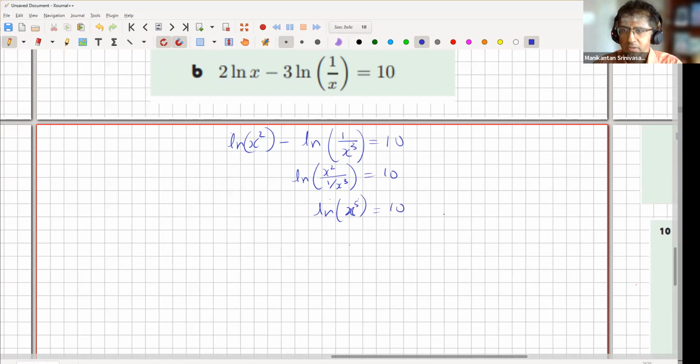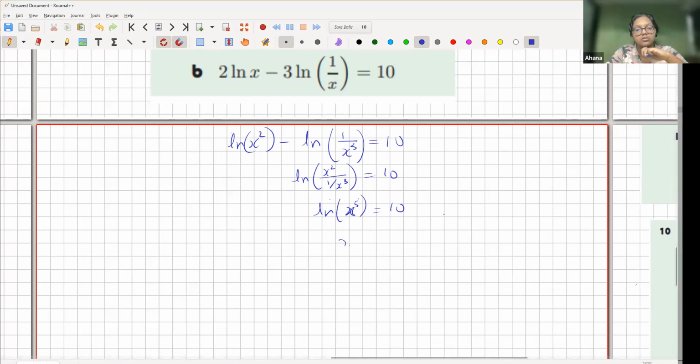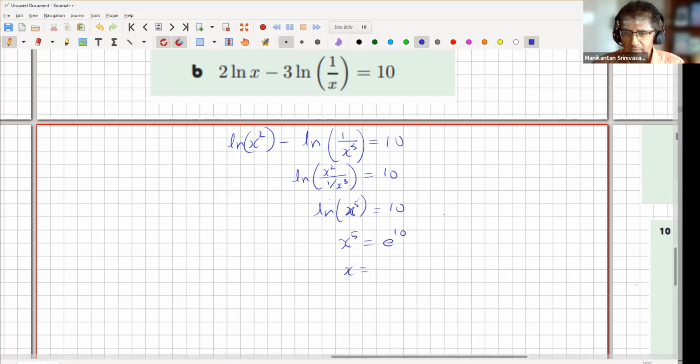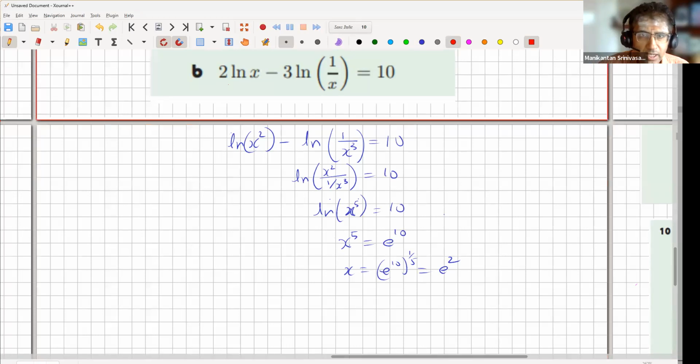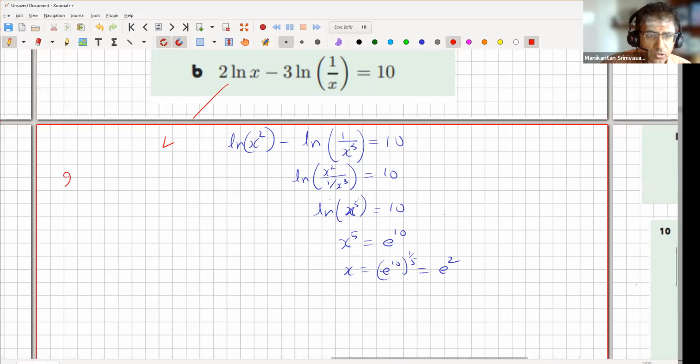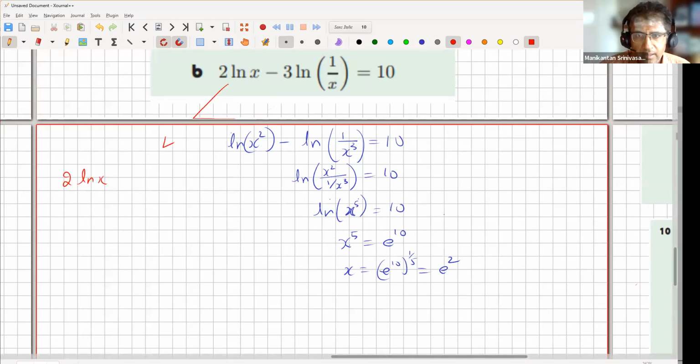Yeah, continue. And then because we have ln x to the power 5, this is where I'm stuck. So x power 5 is e power 10. Therefore, x is e power 10 whole power 1 by 5, which is e square. What you did is right, but you don't need to stress so much. So straight away, this is 2 ln x, and then minus 3 ln of 1 over x.